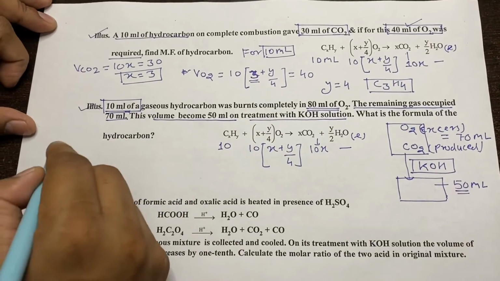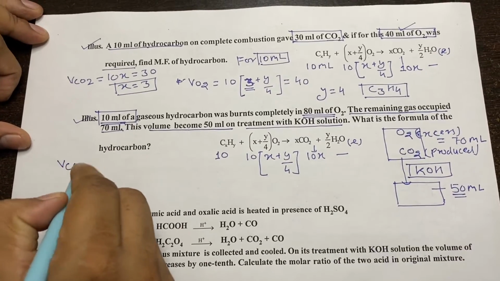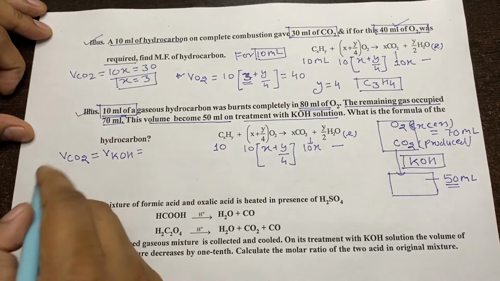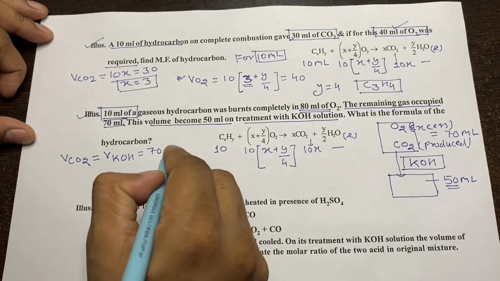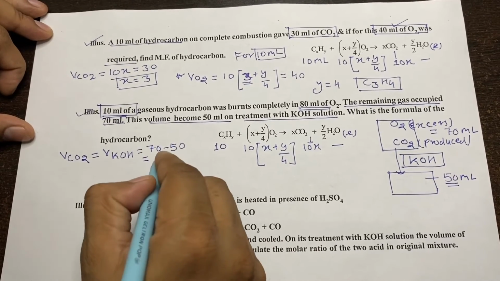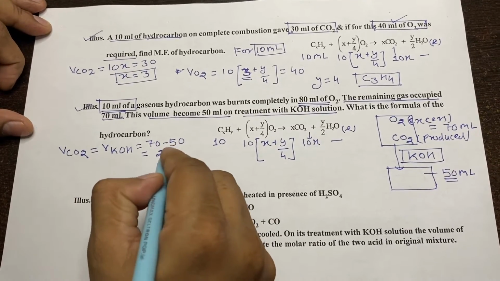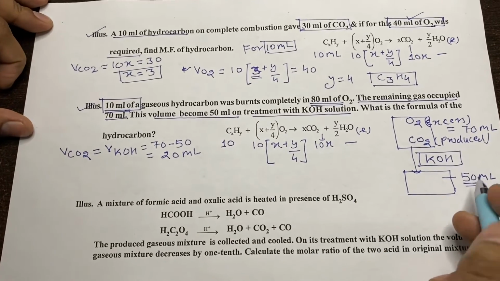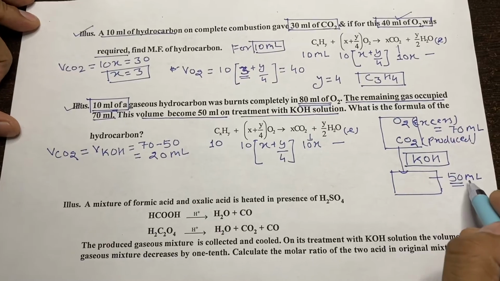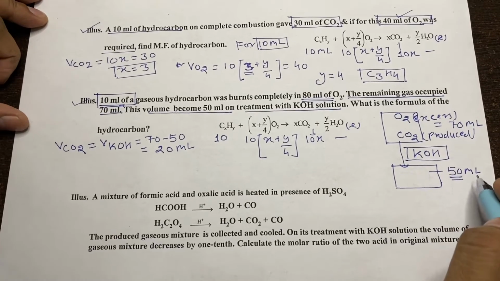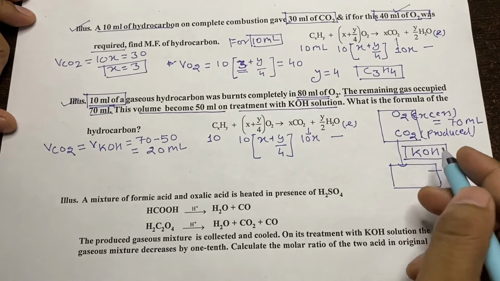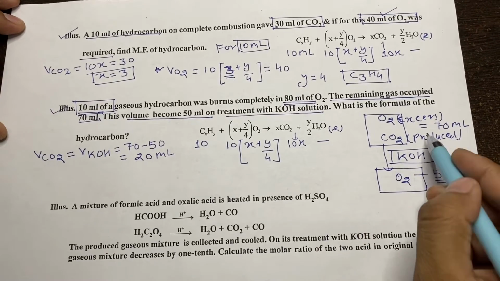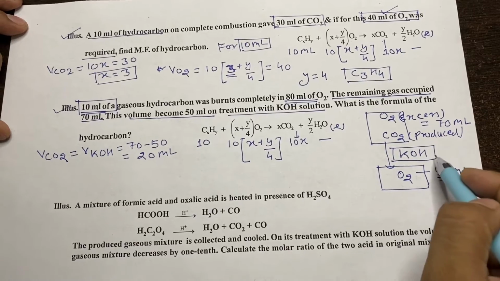So the volume of CO2 is the volume absorbed by the KOH, and definitely it will be equal to 70 minus 50, which is 20 ml. This will be the volume of CO2. Obviously, 50 ml of oxygen will be present in this because the entire CO2 has been absorbed by KOH.